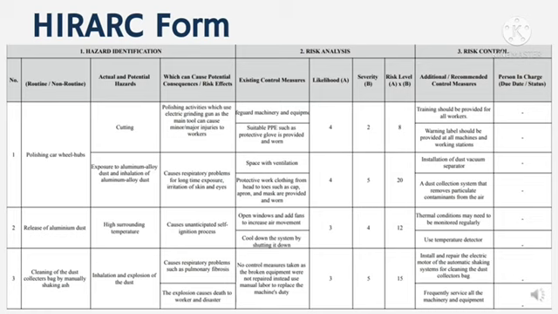The likelihood of this hazard is 3 and the severity is 5. So the risk level of this hazard is 15. The recommended control measure for these activities is install and repair the electric motor of the automatic shaking system for cleaning the dust collector bag, and frequently service all the machinery and equipment.